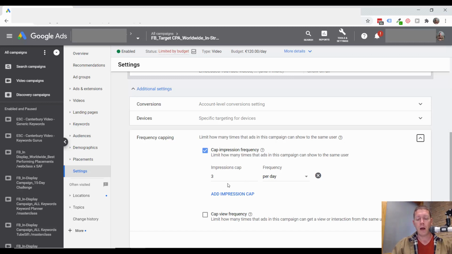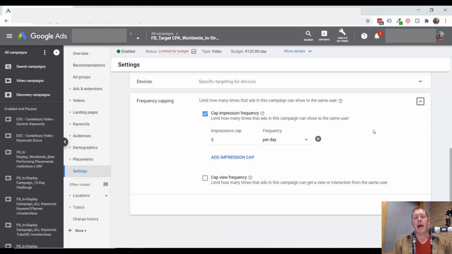But here we're just saying if someone saw the ad, they could have skipped it right away. They could have viewed the whole thing. No matter what, if they at least saw the beginning of the ad, we're only going to show our ads 3 times per day to that person.